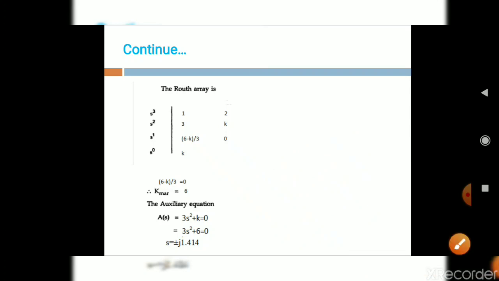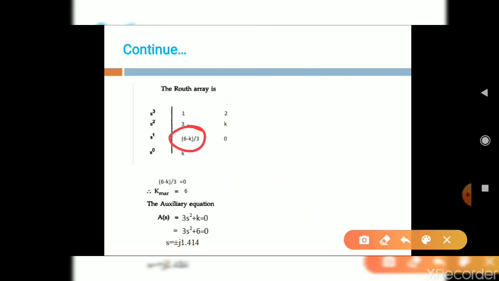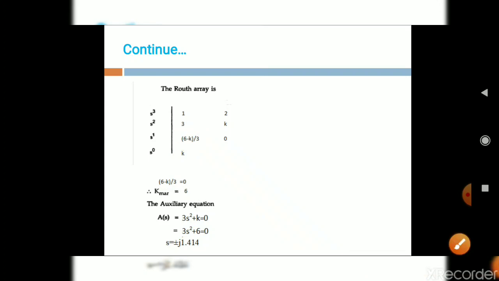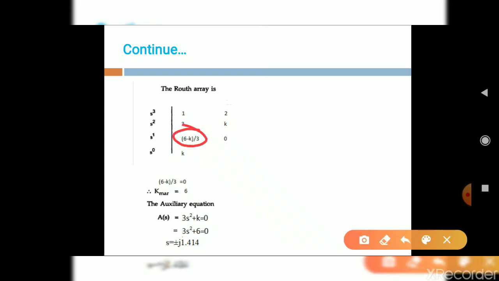The term which is present here will become 0. So here it is 0, this one is 0 and this is 0, meaning this total s raised to 1 row is the 0th row. That's why I can consider s square as the auxiliary equation.